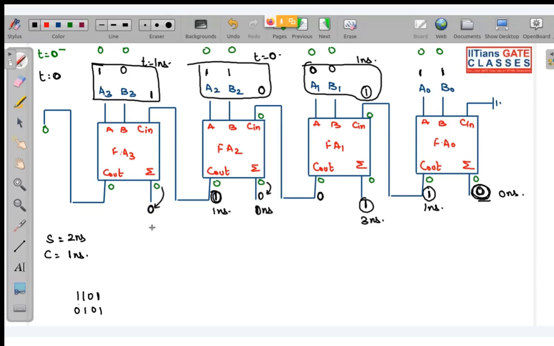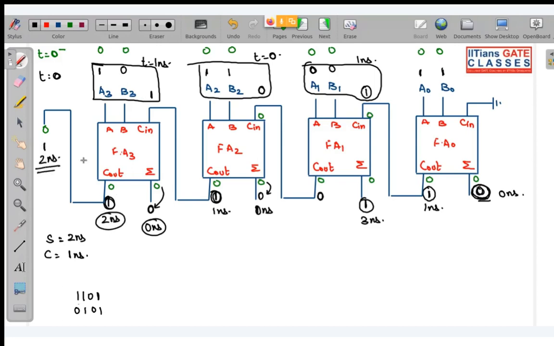Now also it is 0. So this is already present from 0 nanosecond, as there is no transition. But when we add 1 plus 1, carry out will be 1, and this will be generated after 2 nanosecond. Okay, 2 nanosecond, this will change to 1.